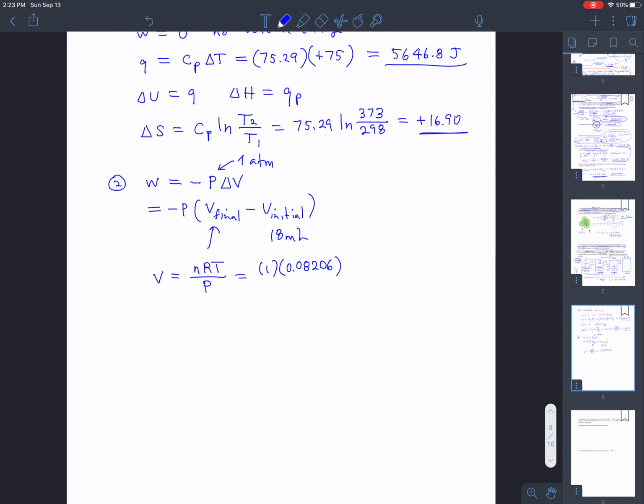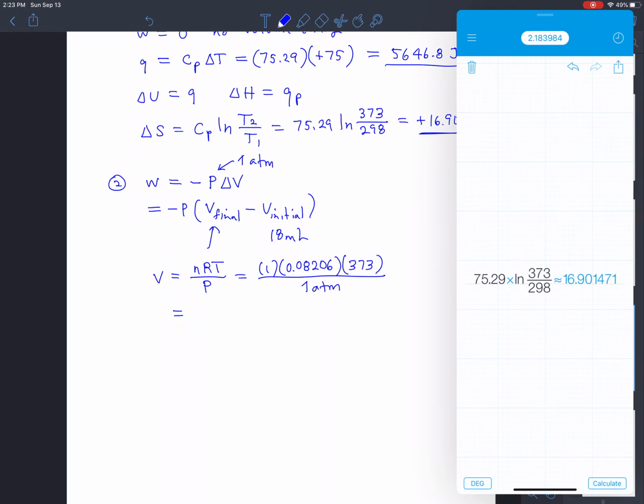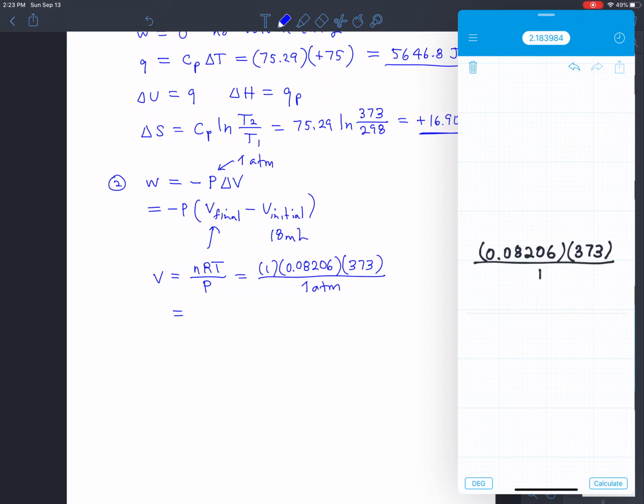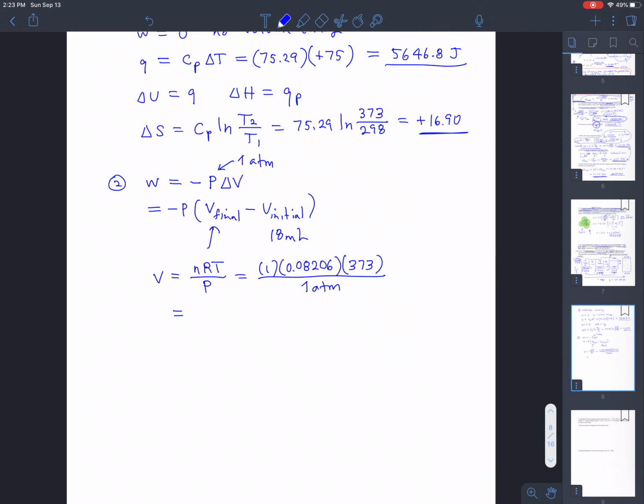We're using the liter atmosphere value for R, times the temperature, which is 373, divided by the pressure, which is 1 atmosphere, and that will give us 0.08206 times 373 divided by 1, which is 30.61 liters for the final volume. So this is 30.61 here.